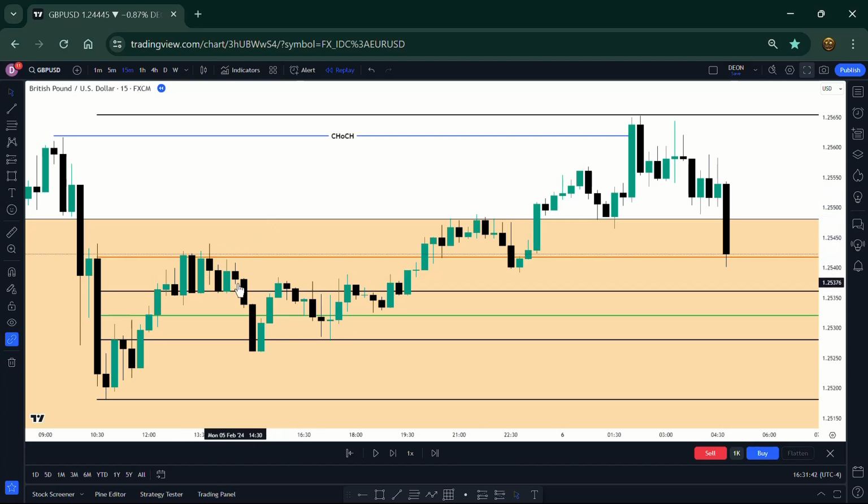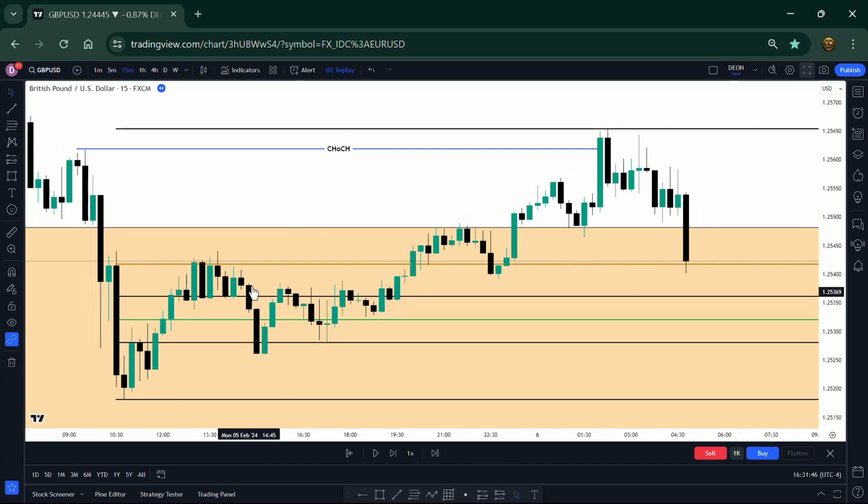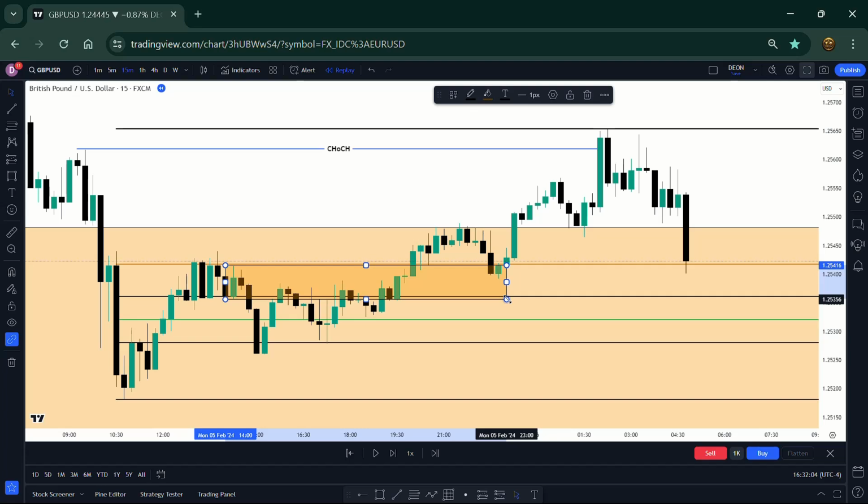And then, going down, this one is also mitigated. If you want, you can even be drawing them out like that. It takes a lot of attention. This is already mitigated here, as you can see.